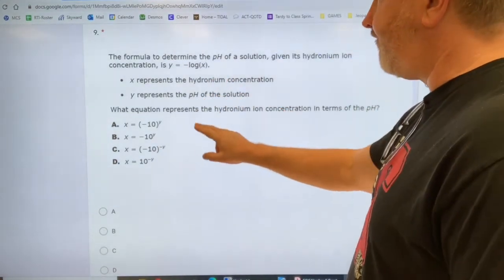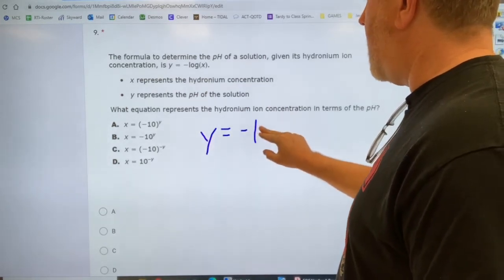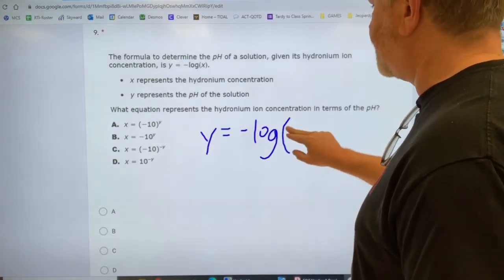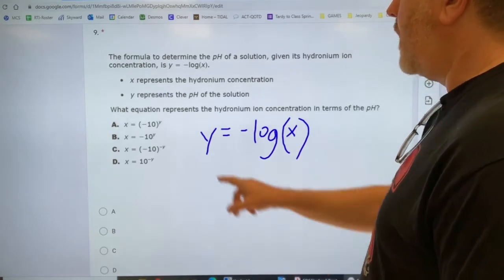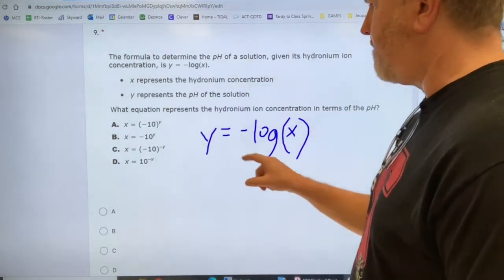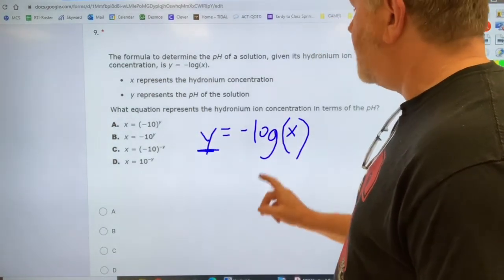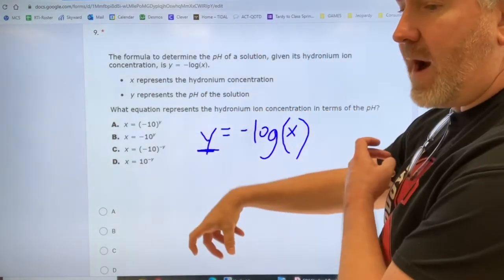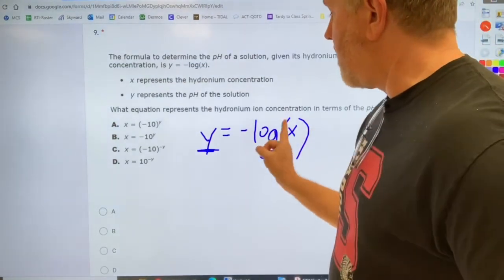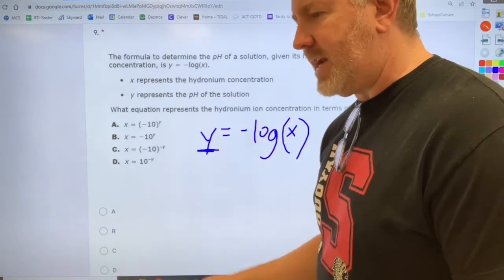So, y equals negative log of x. Which equation represents the hydronium ion concentration in terms of the pH? The pH is this part over here. So all we're going to do is flip this whole thing around, but you remember, with a log, you can turn the log into exponential form.